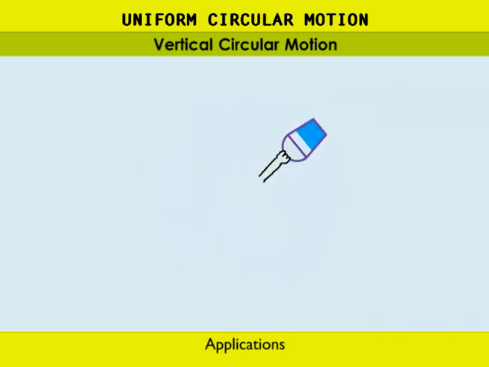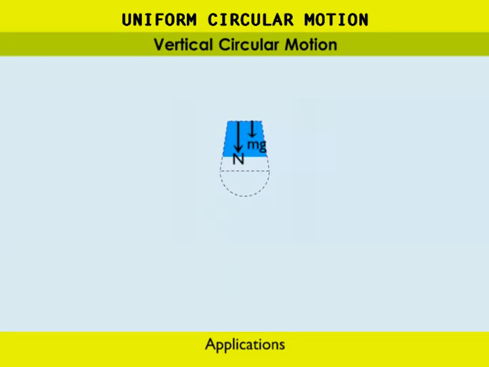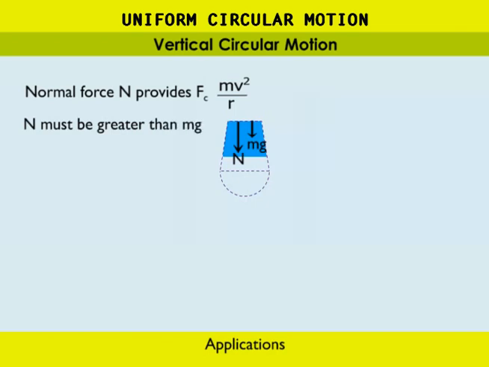When moving past the top in circular motion, the normal force N of the bucket base on the water provides the centripetal force mv squared over r, which must be greater than mg, that is the gravitational pull, if the water is to stay in the bucket. Cancelling out the m's, we have v squared over r is greater than g.